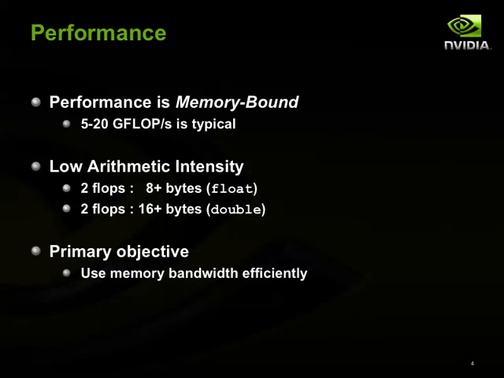If you add up all the floating point operations you're doing and divide by the number of bytes you have to read from memory, you can get a reasonable estimate of how much arithmetic you're doing for the number of memory transactions. In the case of matrix vector multiplication, you get an arithmetic intensity of something like 2 to 8 or 2 to 16, and this is quite low. We'll see how low this is compared to other things on the next slide.